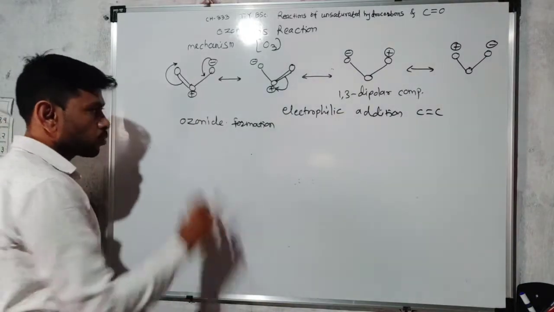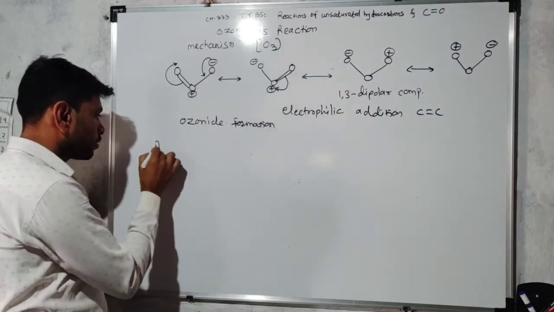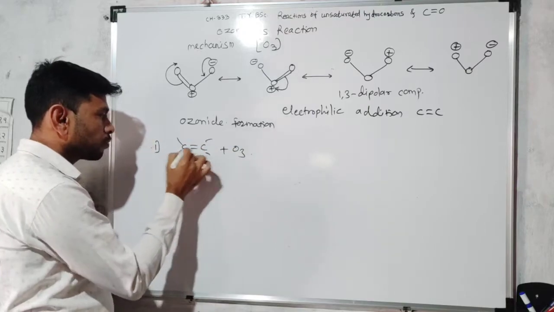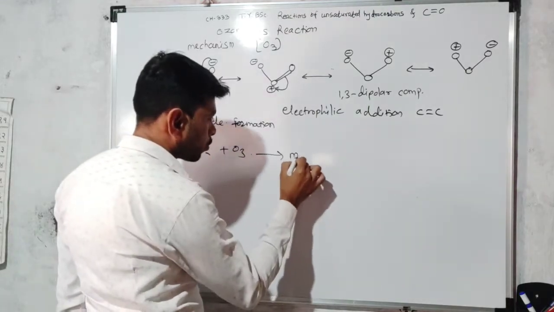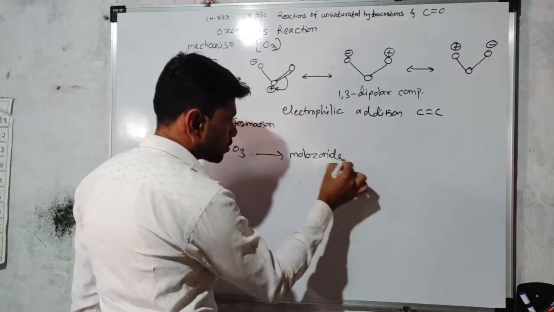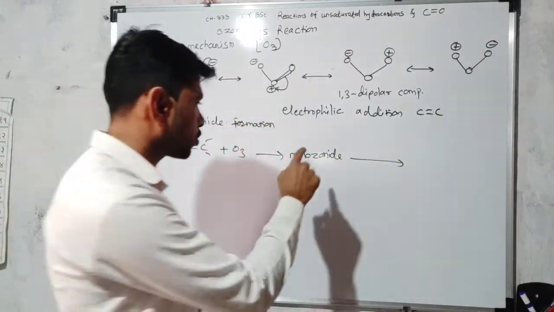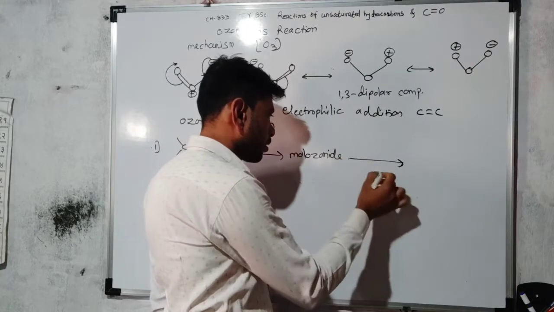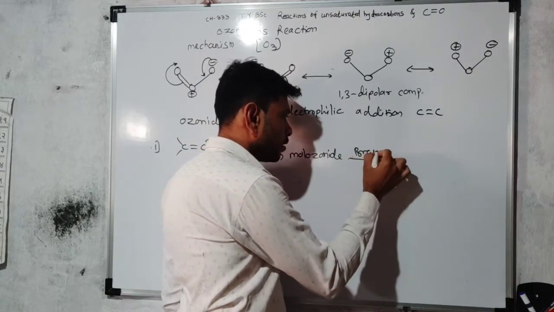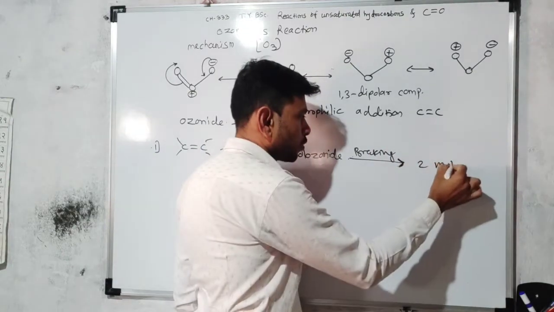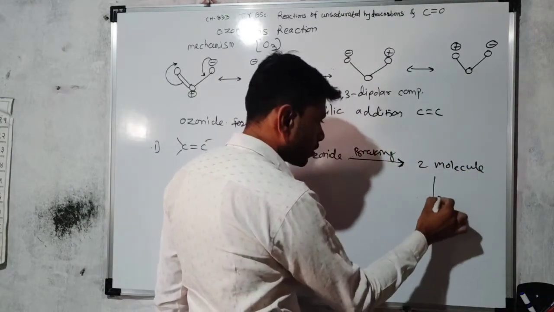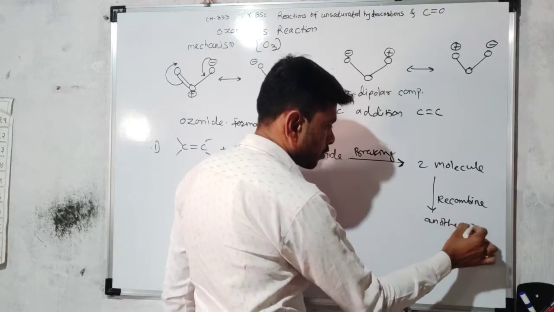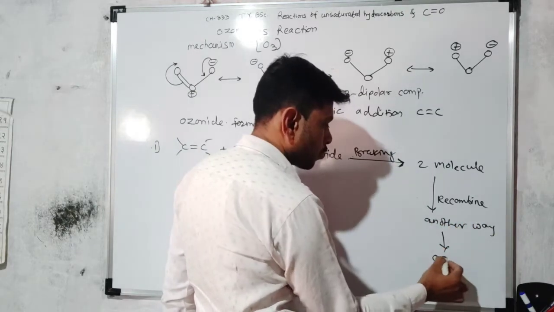First the carbon-carbon double bond reacts with ozone to form molozonide, and the molozonide breaks into two molecules, and these two molecules recombine in another way to form ozonide.